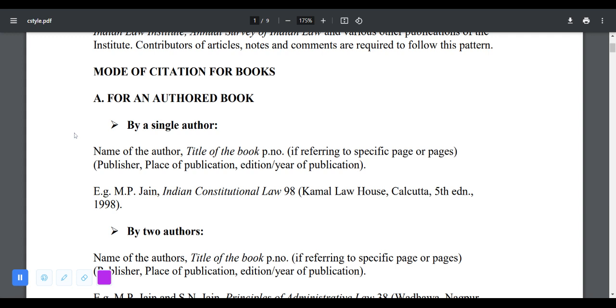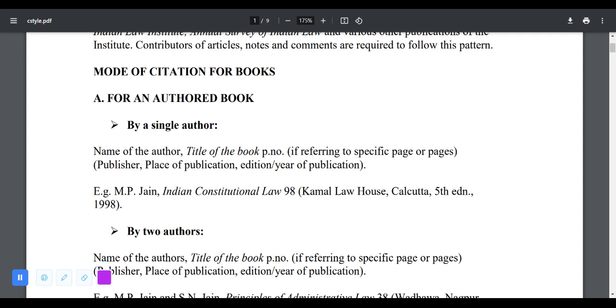The name of the author is written first, then a comma, then the title of the book, then a space, then the page number, then under small brackets the publisher name, comma, place of publication, then after a comma the edition and then the year of publication.